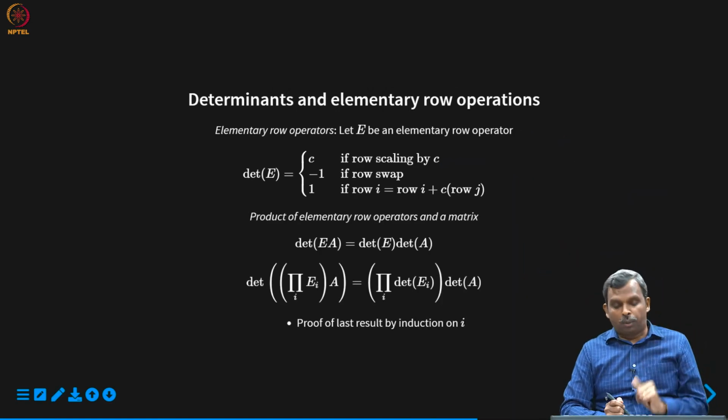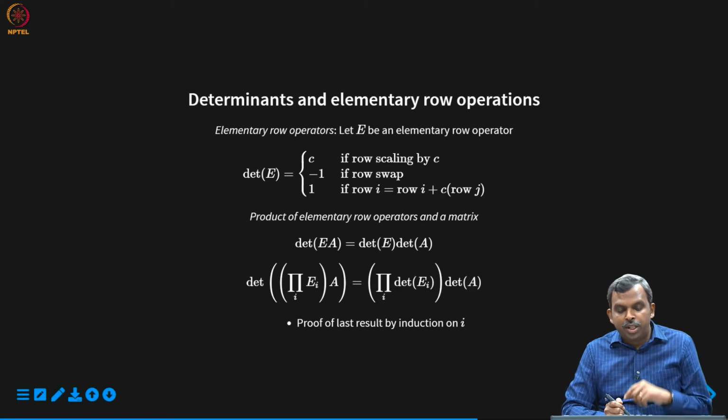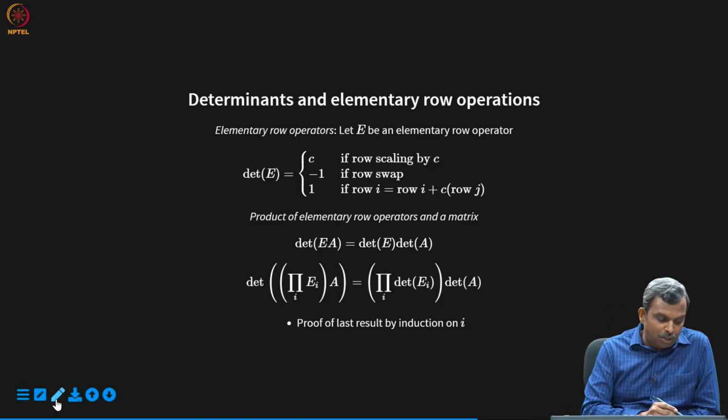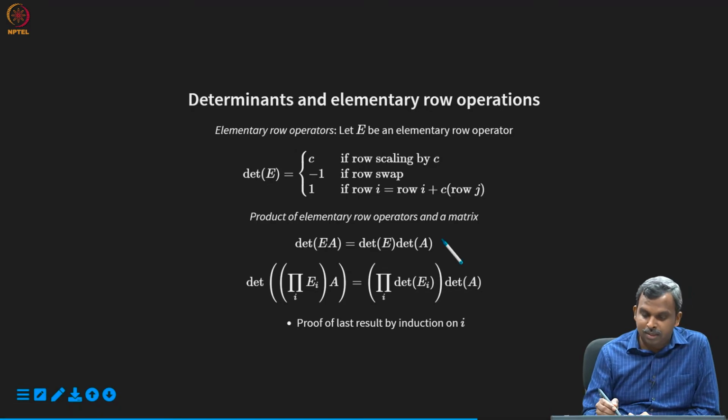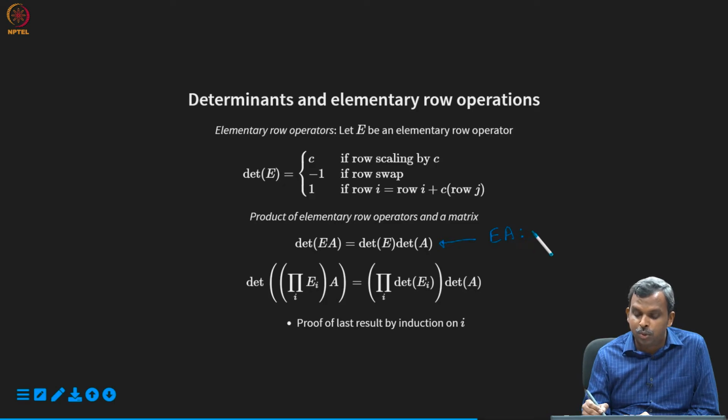Now we can do more. It turns out when you do a product of elementary row operators also, it's easy to characterize the determinant. Look at this formula for instance. Why is this true? You can verify this. What happens when you do E times A for each of these operators?